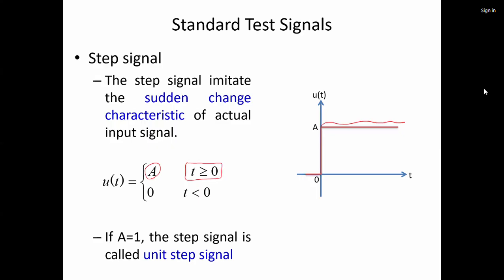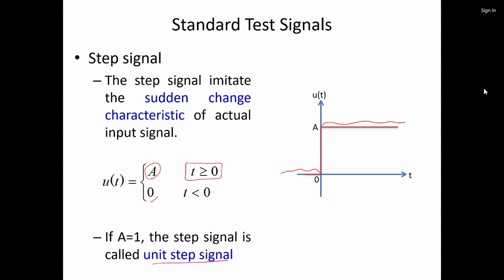But if you go to time t less than 0, the signal was 0. So this is basically a step signal. And if the step is 1, then you say that it is a unit step signal.